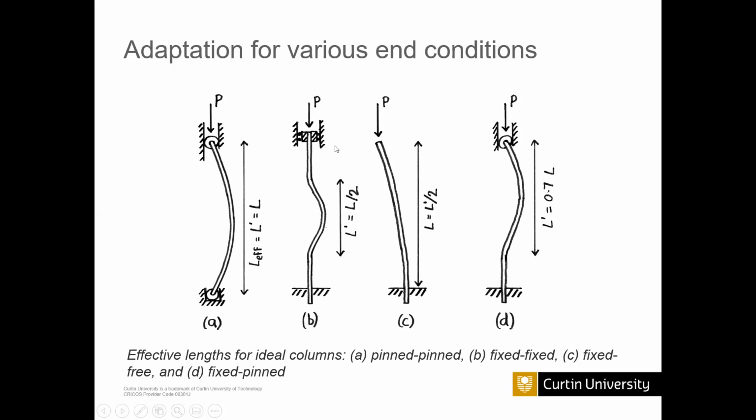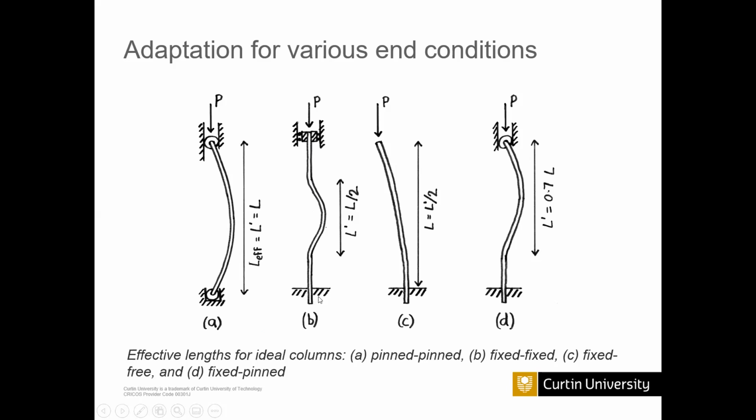But even though this is fixed, the area around it can bend like this, while at the fixing point it cannot bend. So it will keep straight. For columns a little bit longer, it will bend like this.